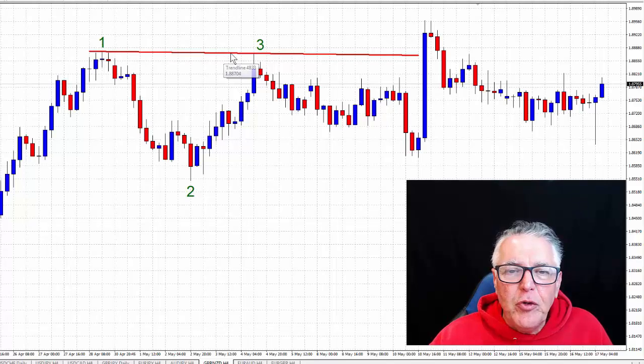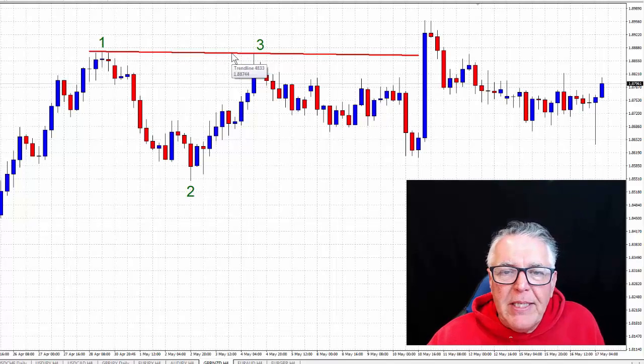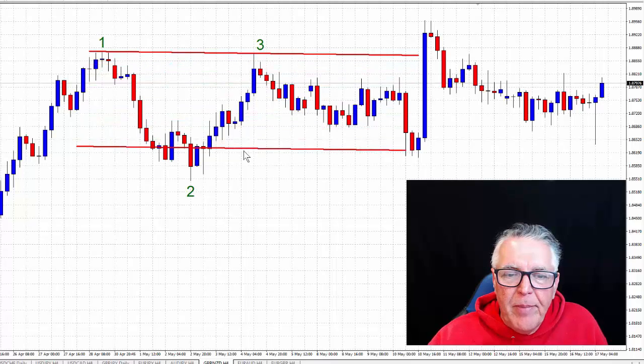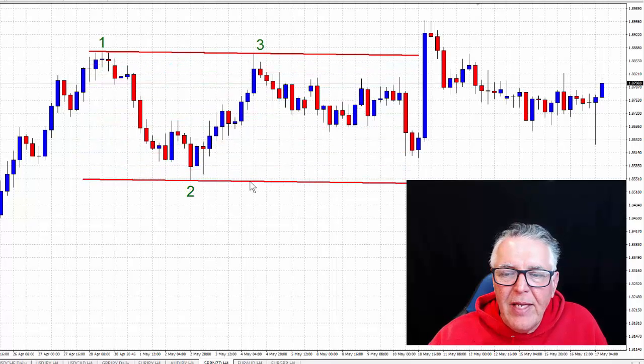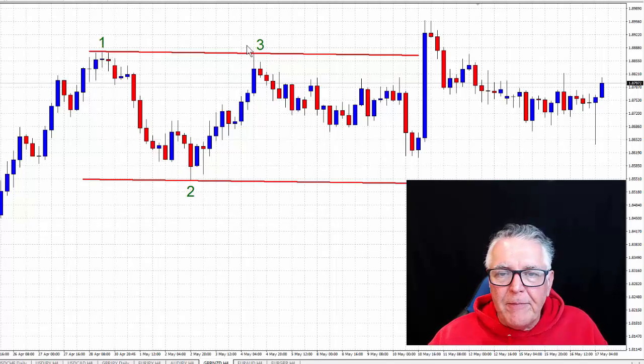So the trick now is to draw a parallel line to that particular line over point 2. So the way you do that is you press Control, activate the line, and then just pull, and it makes a duplicate line. And there we are. There we have a channel. And we've got bounce 1, bounce 2, bounce 3.